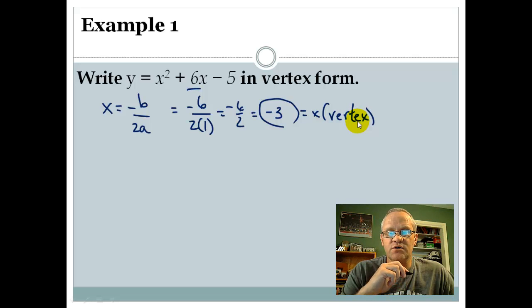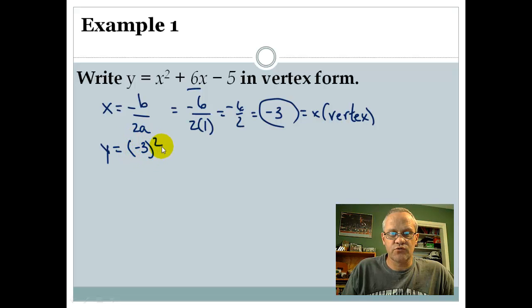One more thing we need to know is what the y is at the vertex. So all I have to do is take this negative 3 here, and let's plug it back in for these x's, and then when we solve all this stuff here, we'll know what the y is that goes with it. So this would be y equals negative 3 squared plus 6 times negative 3 minus 5. So let's just work all this out. That's going to tell us the y of the vertex.